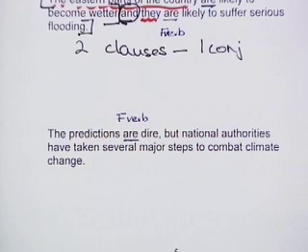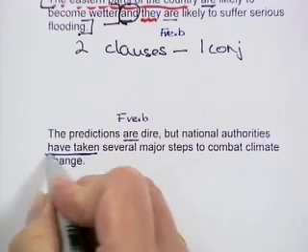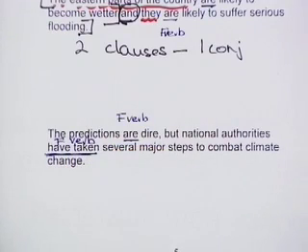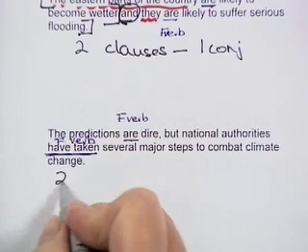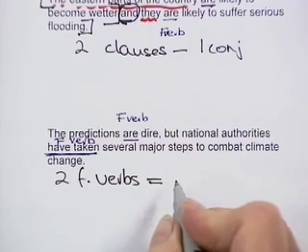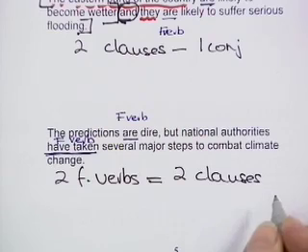And then, but national authorities have taken. Remember, it's more than taken, have taken. There's your finite verb. So, two finite verbs means how many clauses? Every clause has a verb. So, two finite verbs equals two clauses.